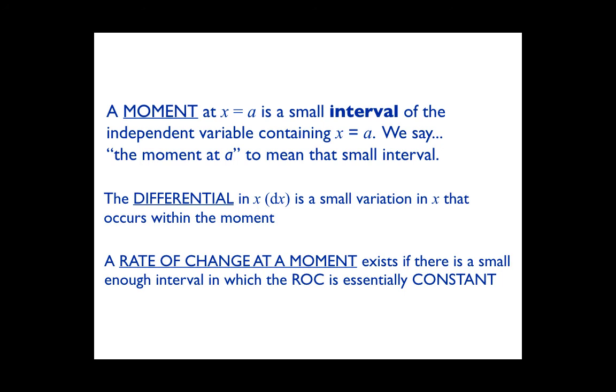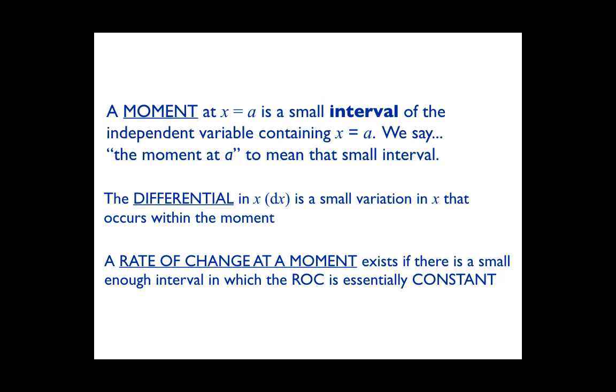But if you change from 0.001 to 0.01, and the m computation comes out about the same, or the same to 3 decimal places, which is good enough for your needs, then you can say, oh, in this size of moment, I can see that there's essentially a constant rate of change. So I can use constant rate of change techniques to move from knowing a rate to knowing what happened due to it, or vice versa, knowing what happened to finding a rate.